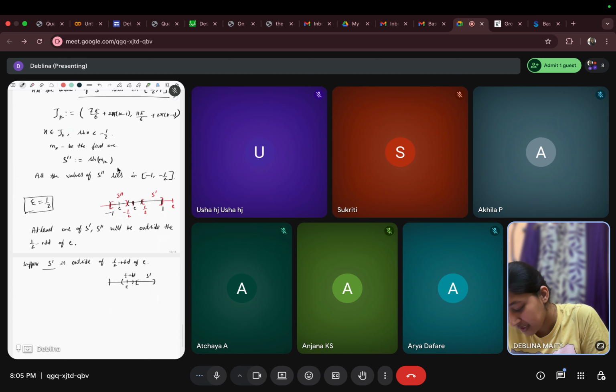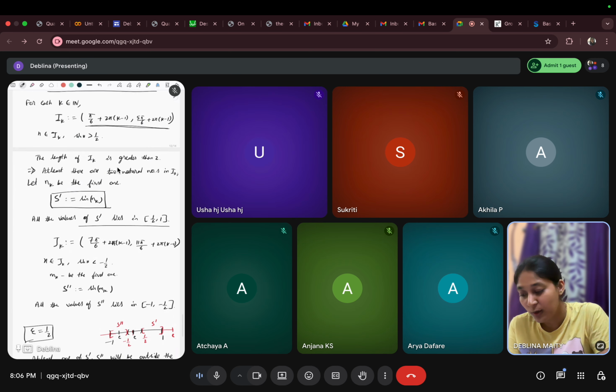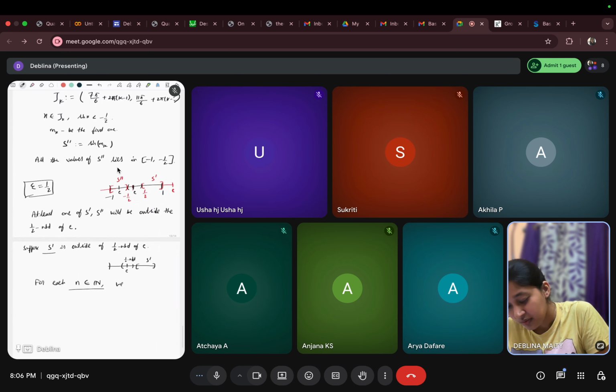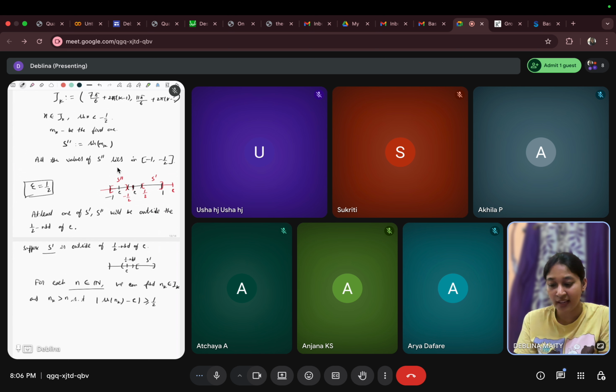For each n belonging to N, we can find a natural number nk which belongs to S dash, belongs to this ik, and nk is greater than this n, such that this xnk, that is sin nk minus c, is greater or equal to half, right?